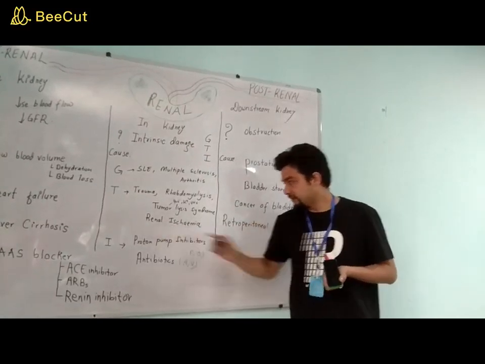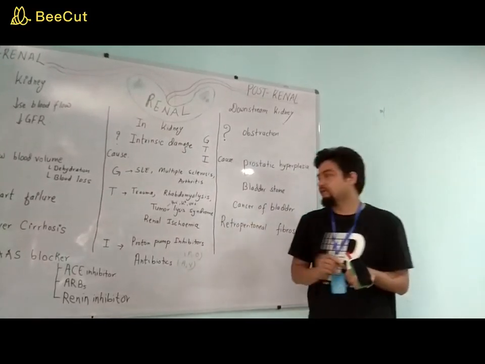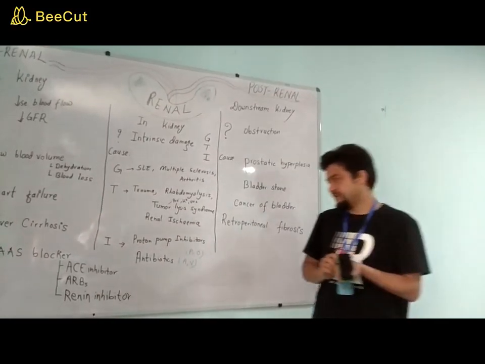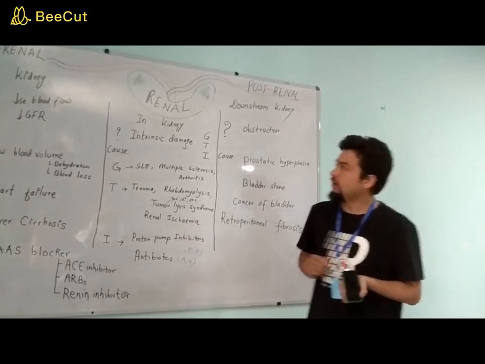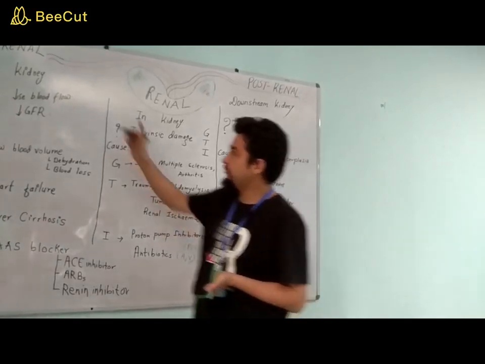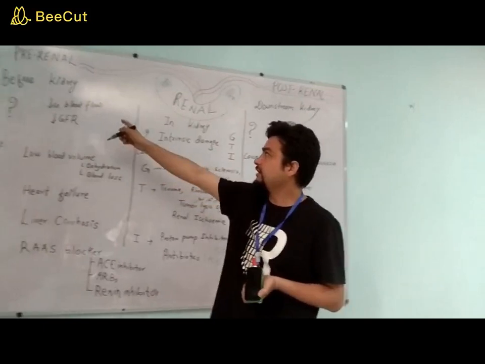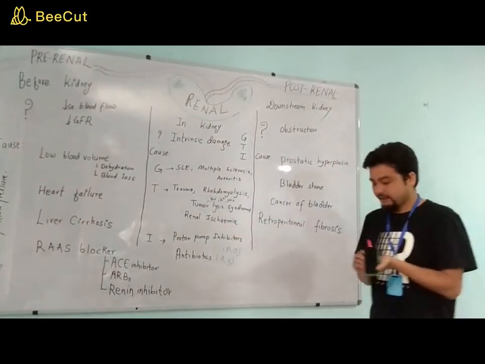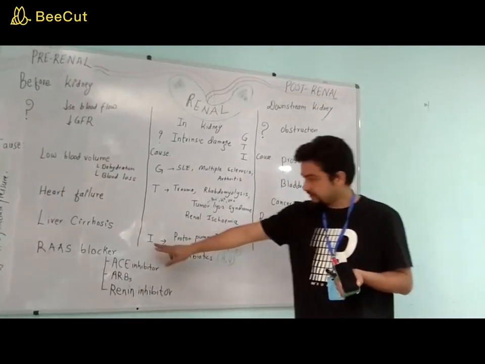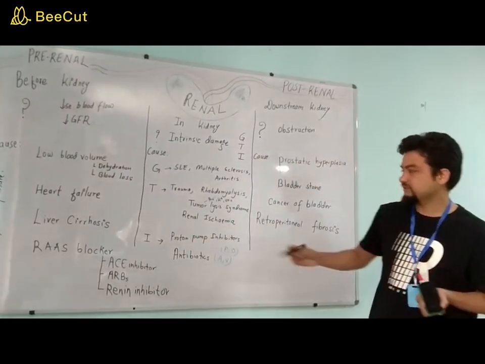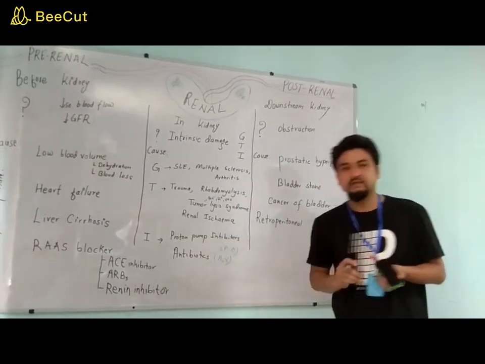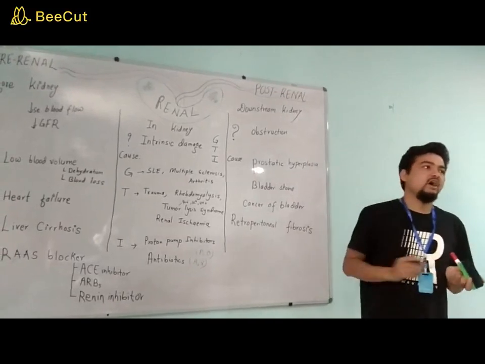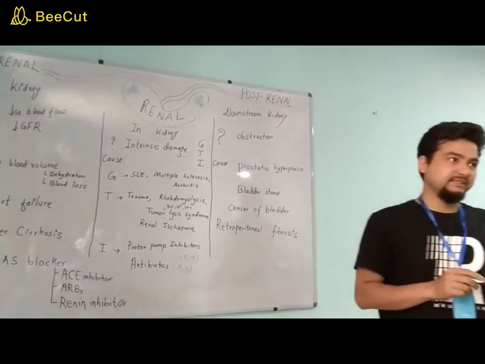In renal ischemia, there is decreased blood supply to the kidney, which can be due to poor or damaged blood vessels, or can be the effect of pre-renal disease also, because pre-renal disease means decreased blood flow, which can cause renal ischemia. And finally, damage to the interstitium can be caused by drugs such as proton pump inhibitors, like pantoprazole and omeprazole, and antibiotics such as aminoglycosides and vancomycin.